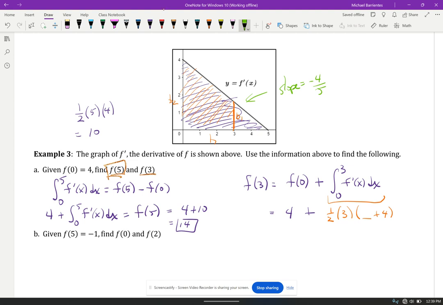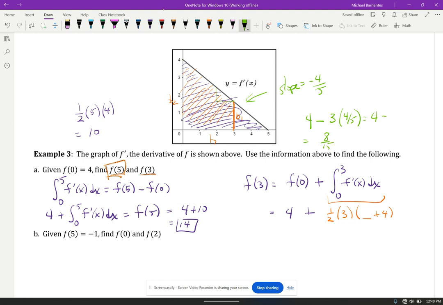From 4, it's going to go down 4/5, and then I get 1. Then it goes down another 4/5, and I get to 2. Then another 4/5, and I get to 3. So the y value here would be 4 minus 3 of those 4/5, which would be 12/5, which would be 8/5 if I subtract that.